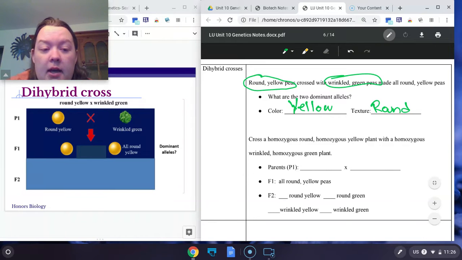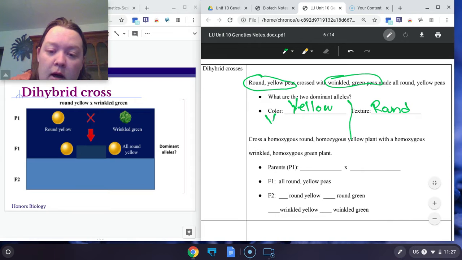Now, when we're looking at dihybrid crosses, we're going through all the same steps. So you're going to want to create a key. Keys are going to be very similar, except now we're making a key, one for color and one for texture. So if I'm looking at color, I'm going to use a capital Y to represent yellow.